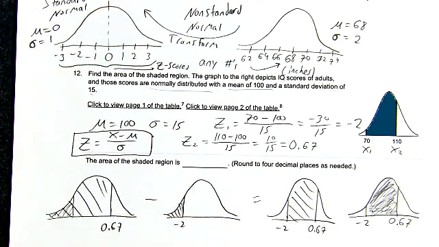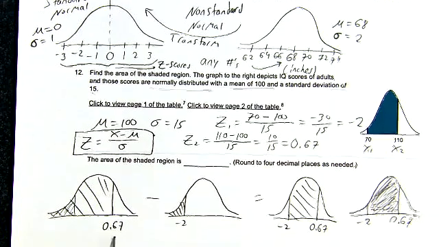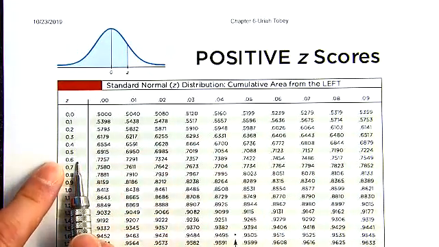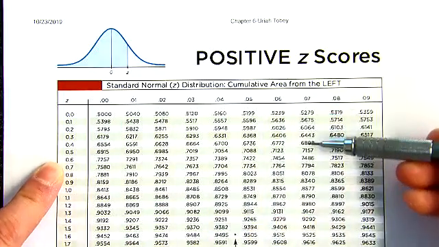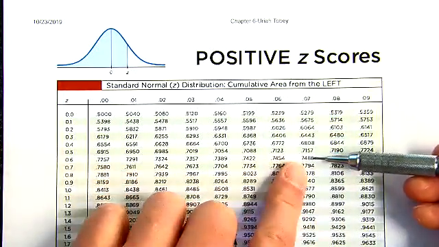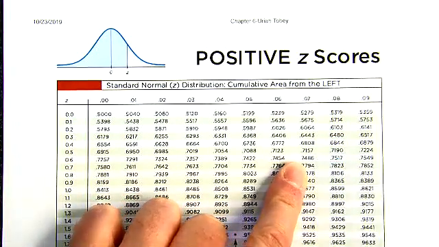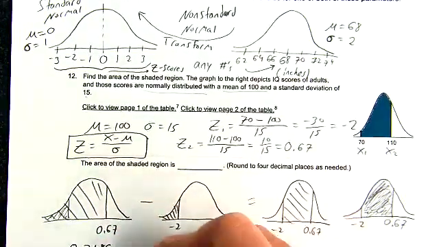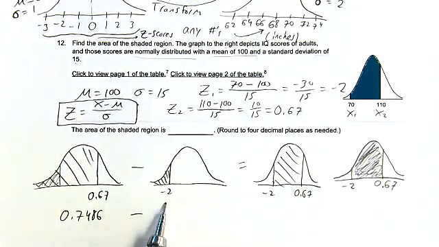So we're going to look it up. So we look up 0.67. It's positive. So we go to the positive z-score. And we go to 0.6, which is right here. And then we go to 0.7 in the hundredths place. And we're looking for where those two intersect. So right there, 0.7486. 0.7486 minus, now we go to -2.